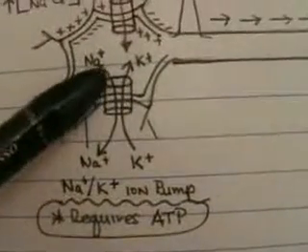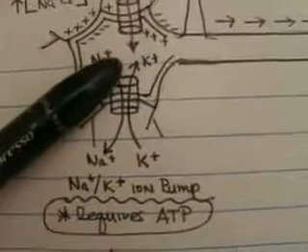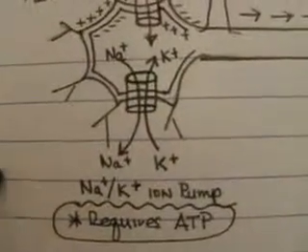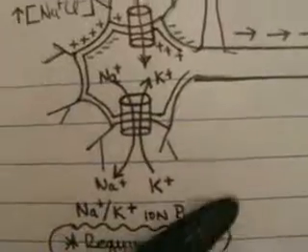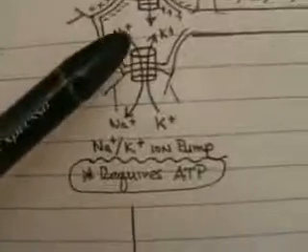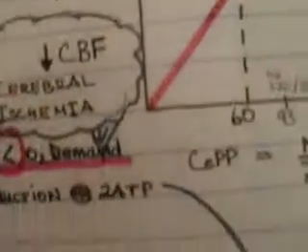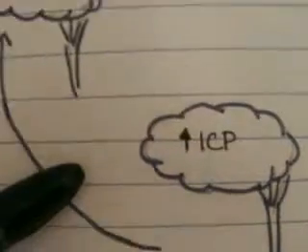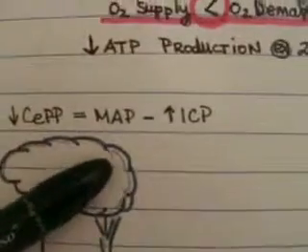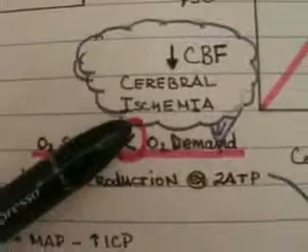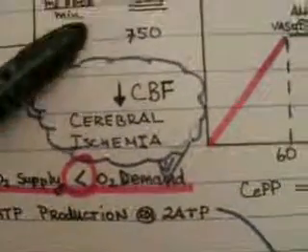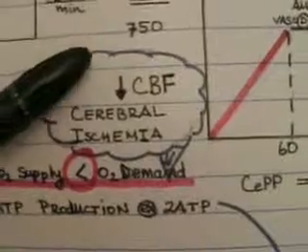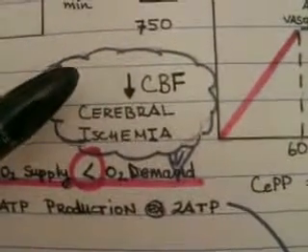The increased intracellular sodium concentrations draw water in through the oncotic pressure, cellular swelling takes place, and as the cellular swelling takes place, you're going to have increased intracranial pressure, which further compromises the cerebral perfusion pressure, and ultimately further decreases your cerebral blood flow, and you're going to get a vicious cycle if the contributing factors are no longer taken care of.